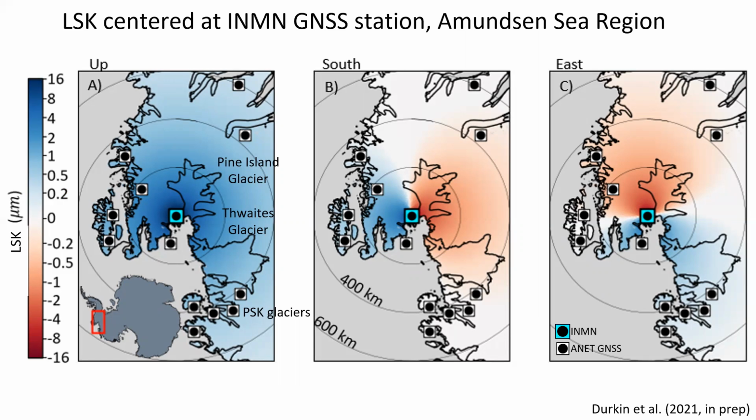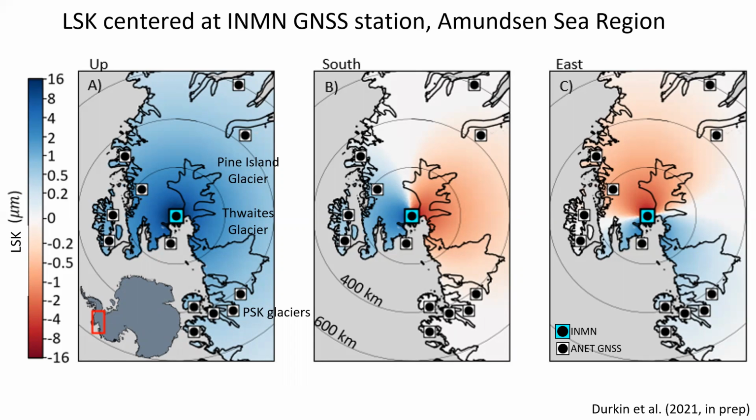So if we take this load sensitivity kernel and center it on one of the GNSS sites, for example, INMN in these figures, what we get is a map in which each pixel represents the contribution that a disk with a height of 1 meter filled with water would induce at a GNSS site. And this is shown for the vertical and the horizontal components.